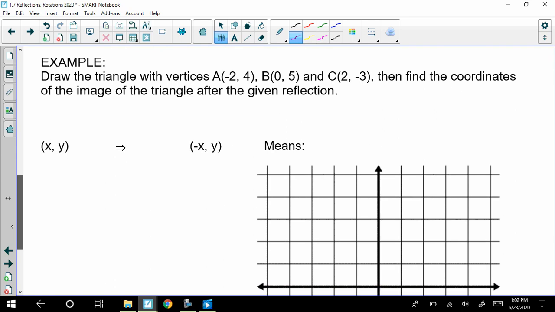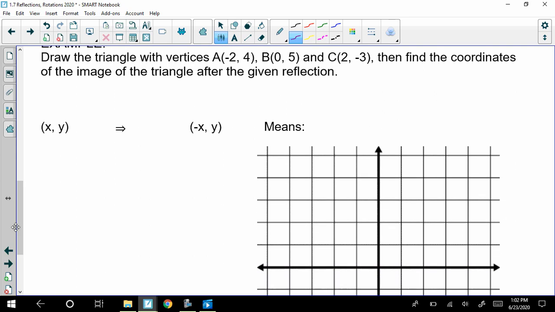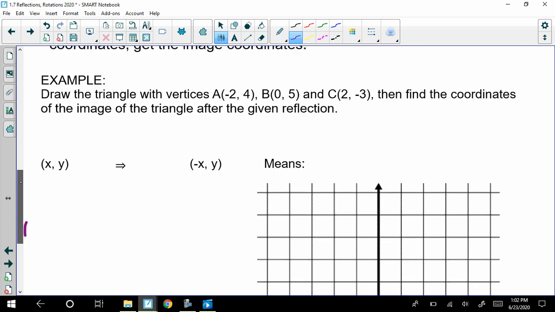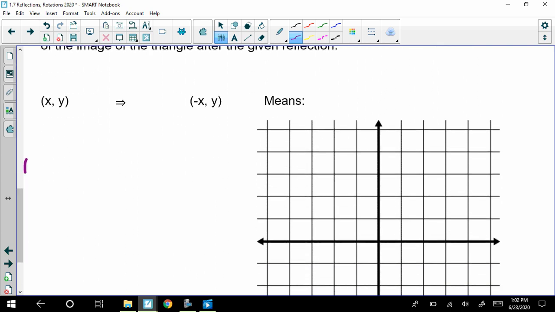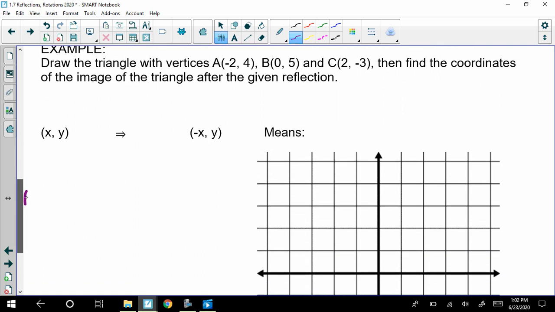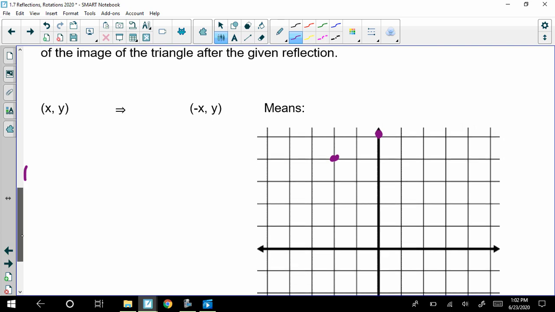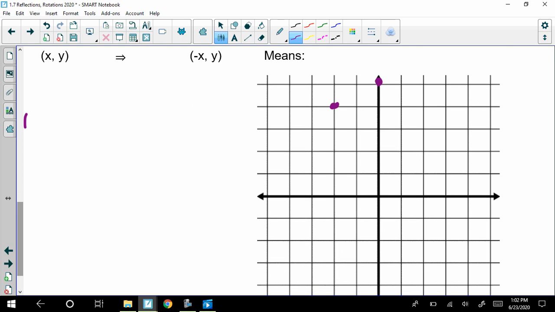So if we're flipping this, we're drawing the triangle with these vertices. And what we're going to do is change the x coordinate. So let's draw these: negative 2, 4; 0, 5; and 2, negative 3.